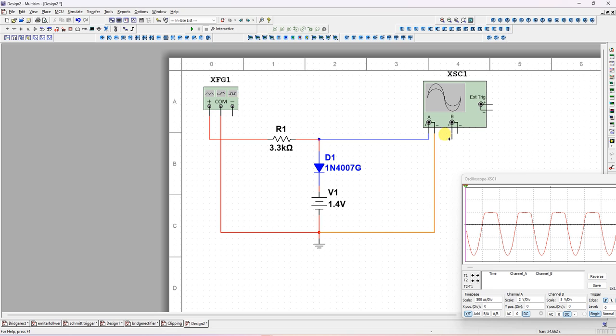So input is, you can click here. Okay, input is full wave now.